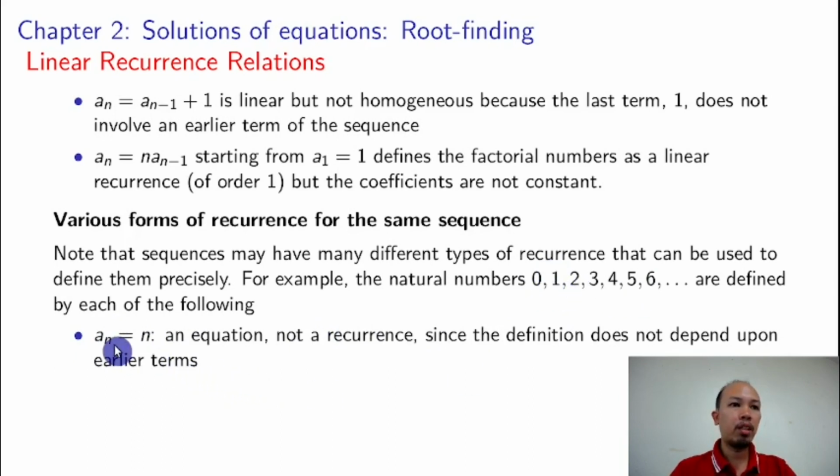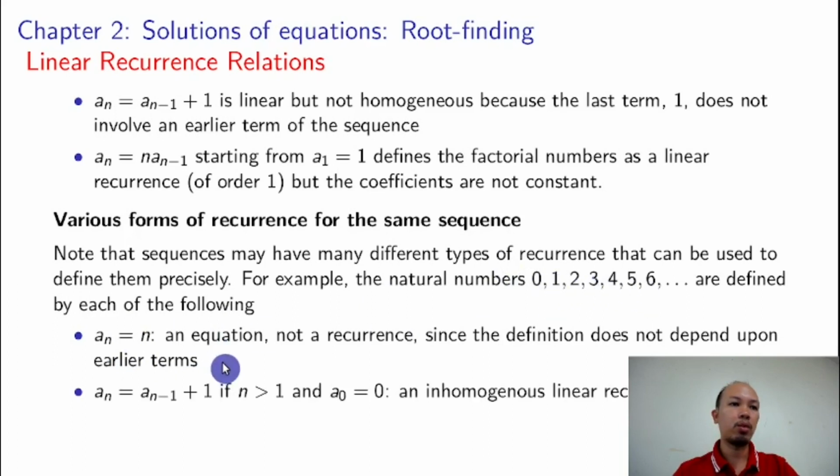So for example here, a sub n is equal to n. This is not linear. This is linear but not homogeneous. When n is equal to 0, we have here 0. When n is equal to 1, we have here 2, 3, and so on and so forth.